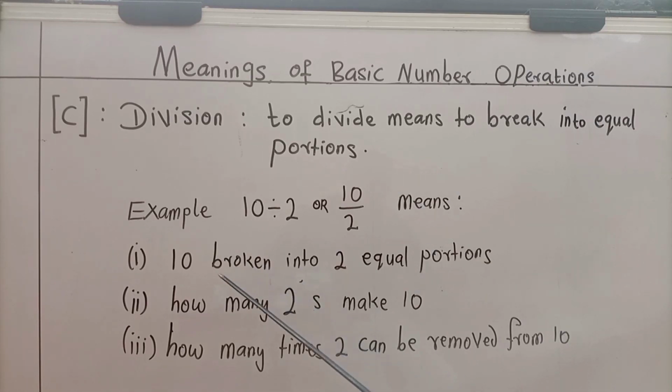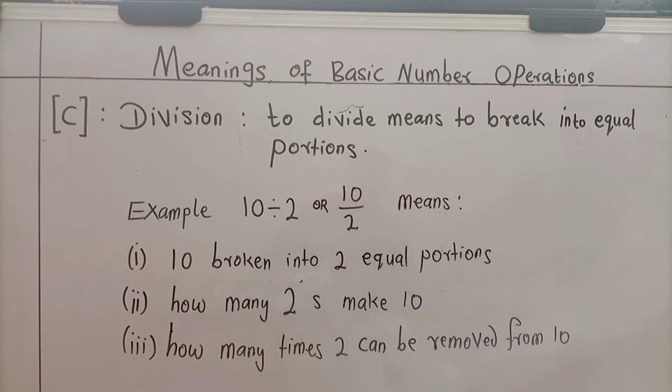The second meaning is how many 2's that make 10. It means these 2 here, how many of it will give us this 10? Don't tell the answer. We know it is 5. But the answer is not what we are concerned with right now. It is the meaning of this expression.